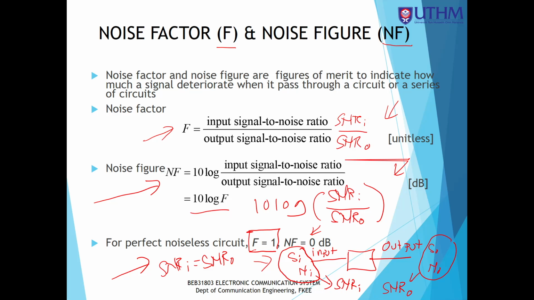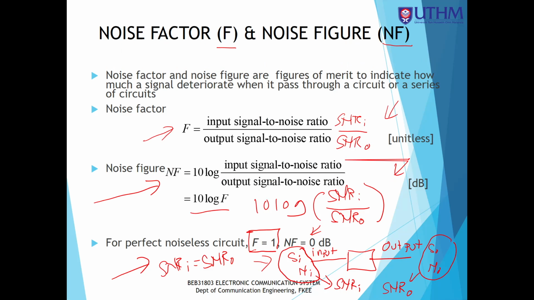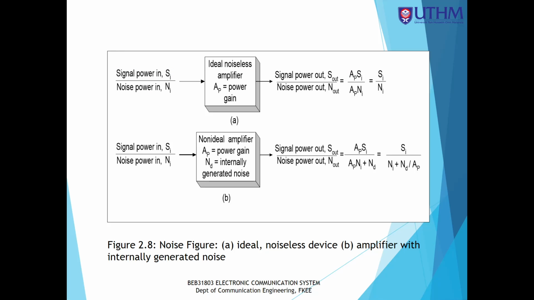Okay, nanti kita akan lihat seterusnya. For an ideal noiseless amplifier with a power gain of AP, input signal power is SI, input noise power level is NI, shown in figure 2.88. So ni kedua-dua ini berkaitan dengan gambar rajah yang ini. Gambar rajah yang atas, gambar rajah A, adalah untuk perfect system.